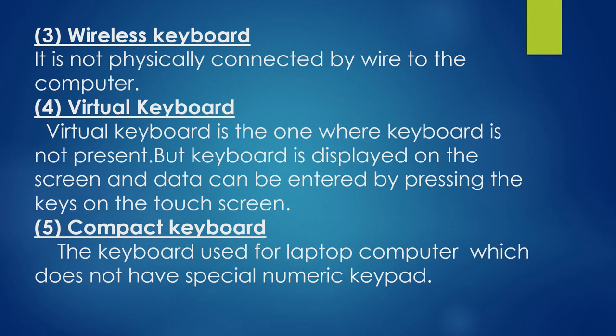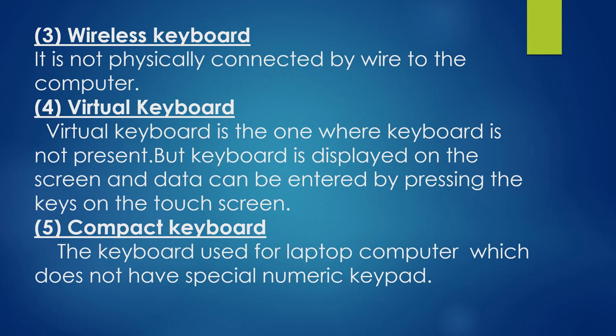In a phone, you can see we can enter letters or alphabets using the keyboard on the touch screen, but actually that keyboard is not there. That screen is acting as a keyboard, and we can enter data by pressing the keys on that touch screen.